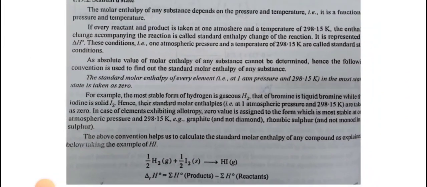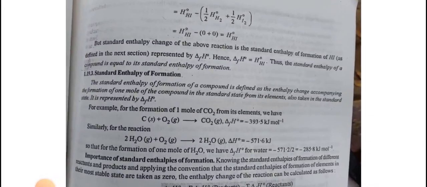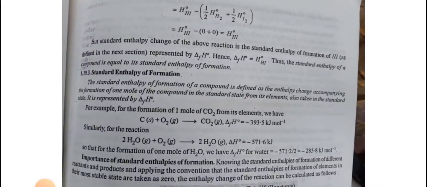Half H2 gas plus half I2 solid is equal to HI gas. Delta H naught of reaction is equal to summation of H naught of products minus summation of H naught of reactants, which is equal to H naught of HI minus half of H naught H2 plus half of H naught I2.